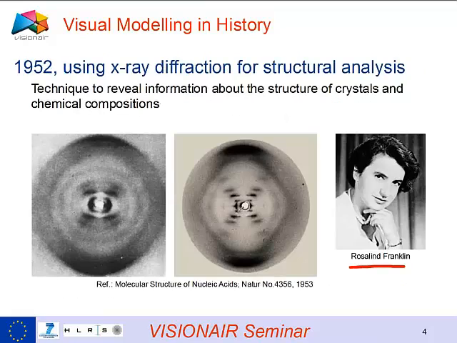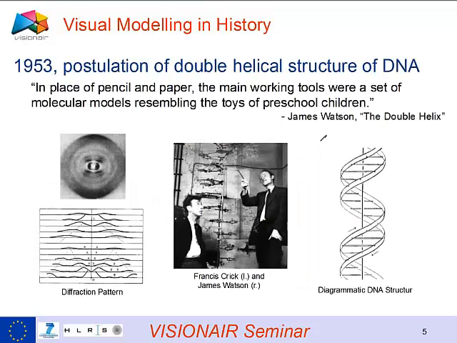So this was the method in 1952, and she was working towards a better understanding of the possible structure of the DNA molecule. Further on, these two guys, Francis Crick and James Watson, got a short look at those pictures, and they started their own research on how this DNA molecule could look.